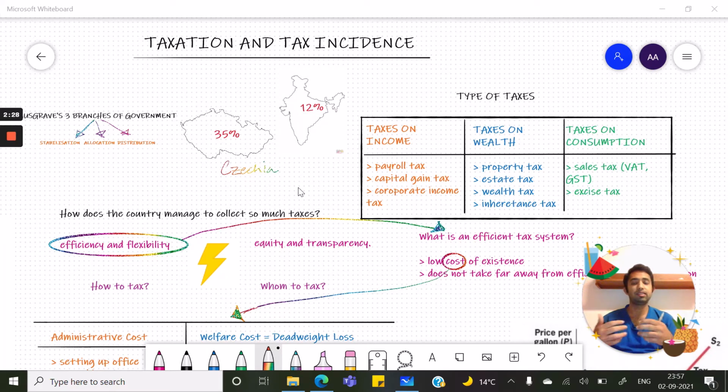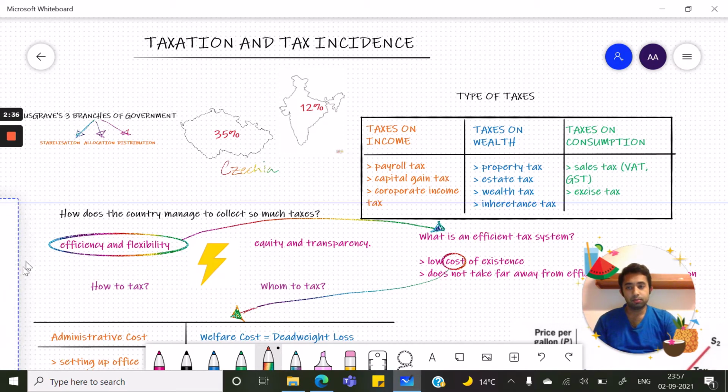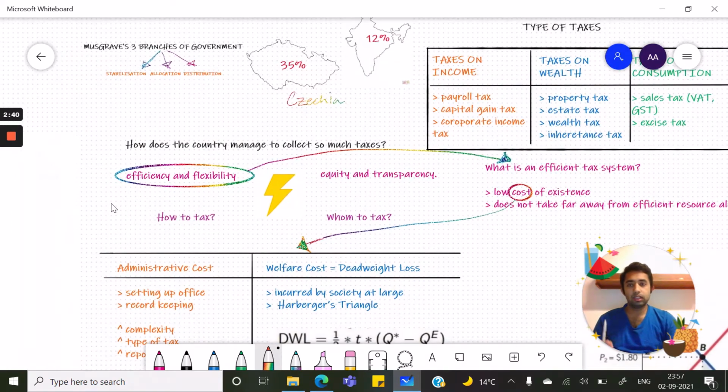So the answer to my question lies in the tax structure of that country, like how the tax structure of the country is implemented, right? And broadly speaking, the answer to this question lies in two frames, right? So firstly, the taxation system or the tax structure in the country should be efficient and it should be equitable, right?